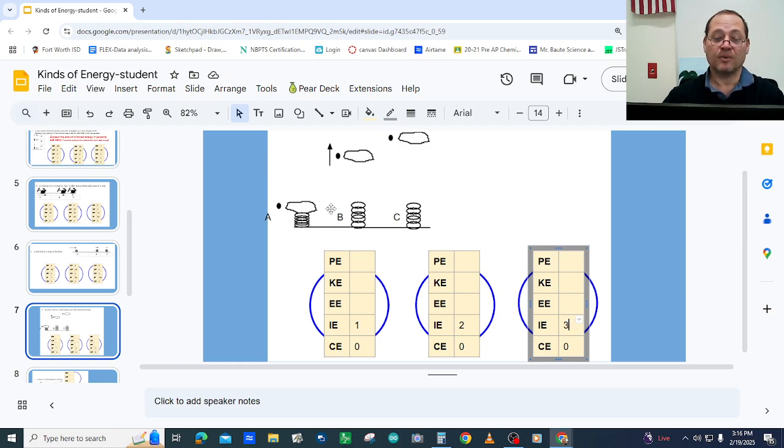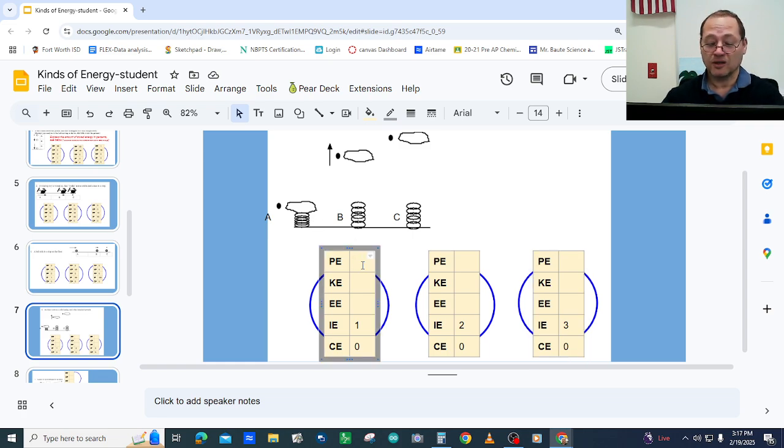If you look at the picture, you can see that the object, the spring, the air and the earth, the system, is touching the ground. So let's consider that the potential energy is zero. And also let's consider that this is not moving, which is true. So since it's not moving, the kinetic energy is also zero at point A. So all the rest of the energy is stored as elastic energy in the spring. That's why you see 99.